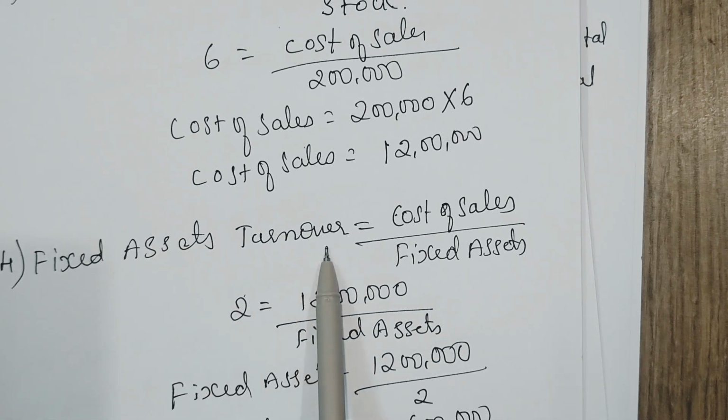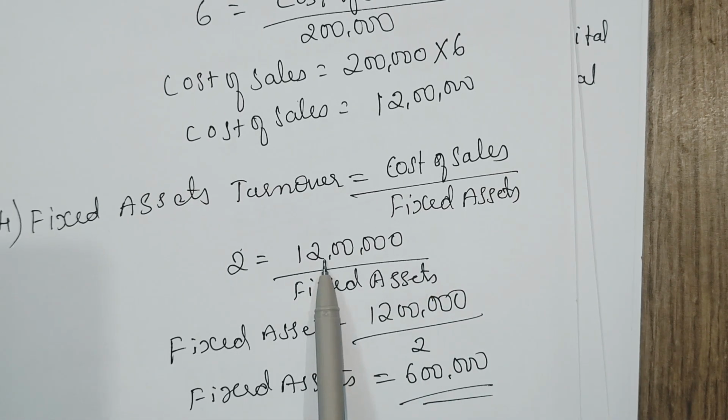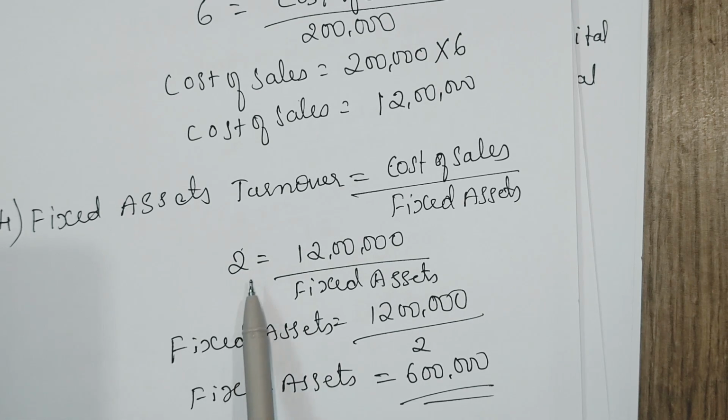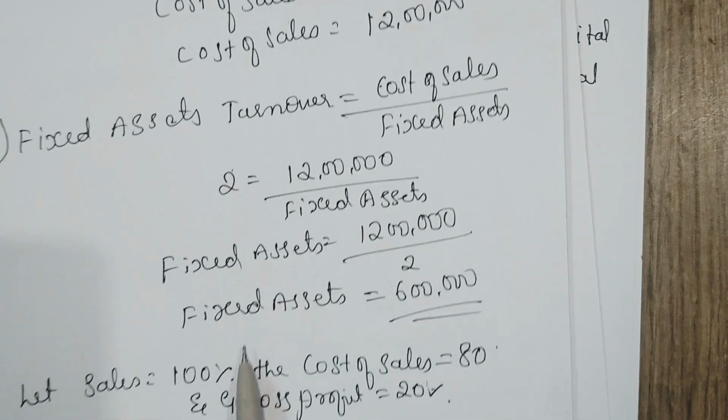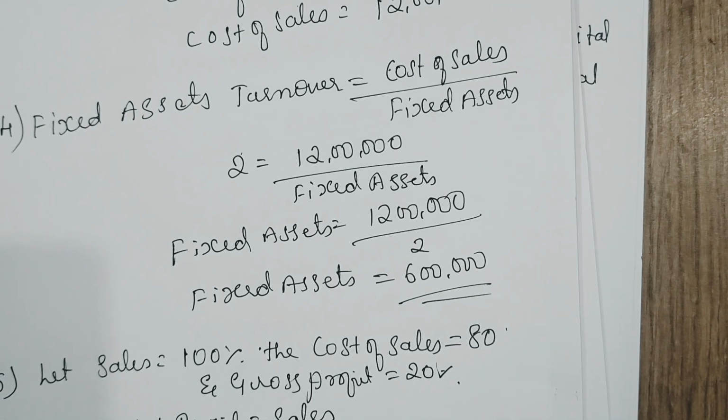Fixed asset turnover ratio is cost of sale divided by fixed asset. Cost of sale already we have calculated, divided by fixed asset turnover ratio, we'll get fixed asset 6 lakh. Then gross profit is given as 20%, then cost of sale becomes 80 because sales will be 100. Cost plus profit is sales.